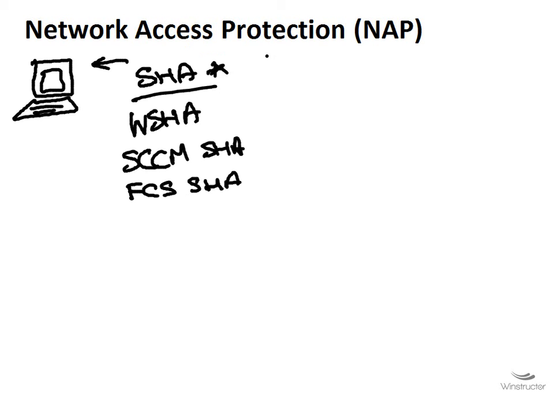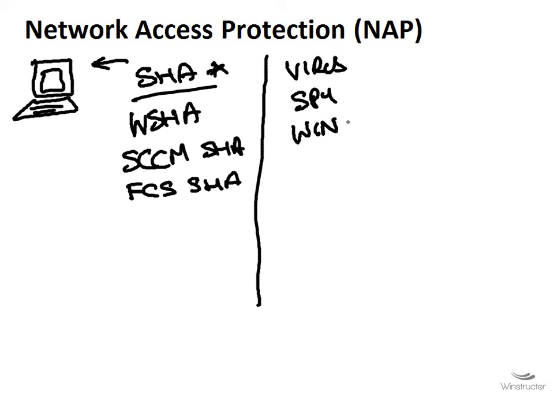So we already know that there's several different types of health indicators that a client must meet in order to pass the overall health check. Now this can include things like antivirus, anti-spyware, we've got Windows updates, and of course, a firewall. So the NAP client is going to check each of these things, and it's going to produce a statement of health for each of them.